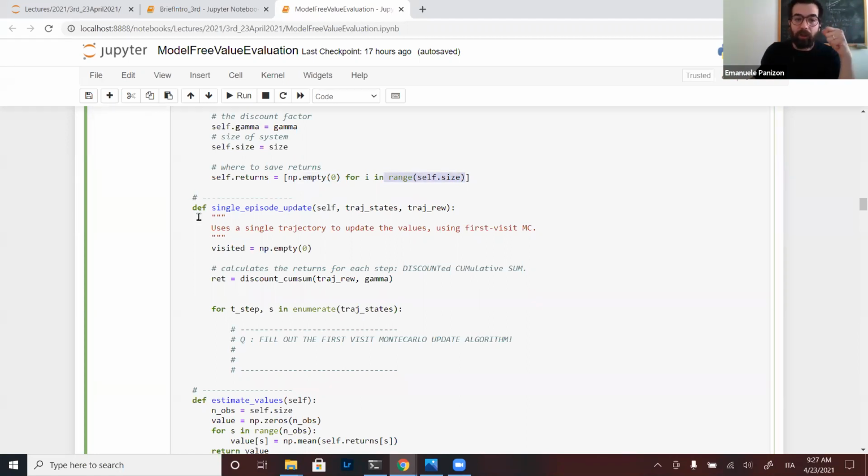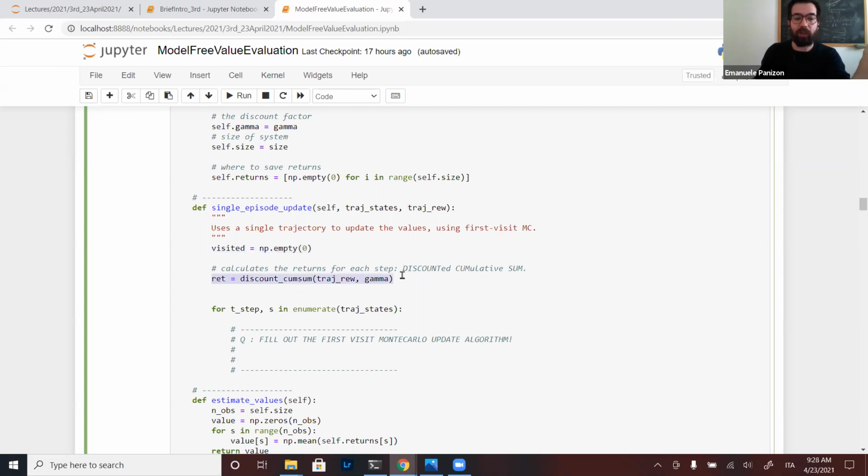Then for the update at the end of a trajectory, I will require from the user the trajectory of the states and the trajectory of the rewards. And then what is my single episode update? I will just say, okay, at the beginning of the episode, for sure you have not visited any state yet because you have not done anything.